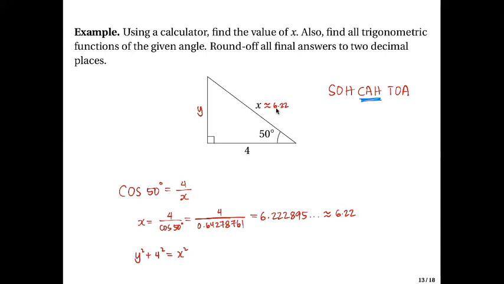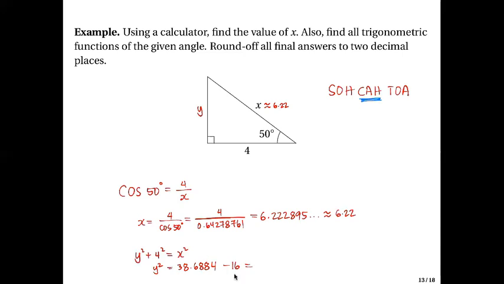But anyway, let's use 6.22 for our x. And then if we square that, 6.22 squared, we will get 38.6884. Let's retain this. And then you have your y squared in here. And then this 4 squared, we put it on the other side. So we will have minus 16.